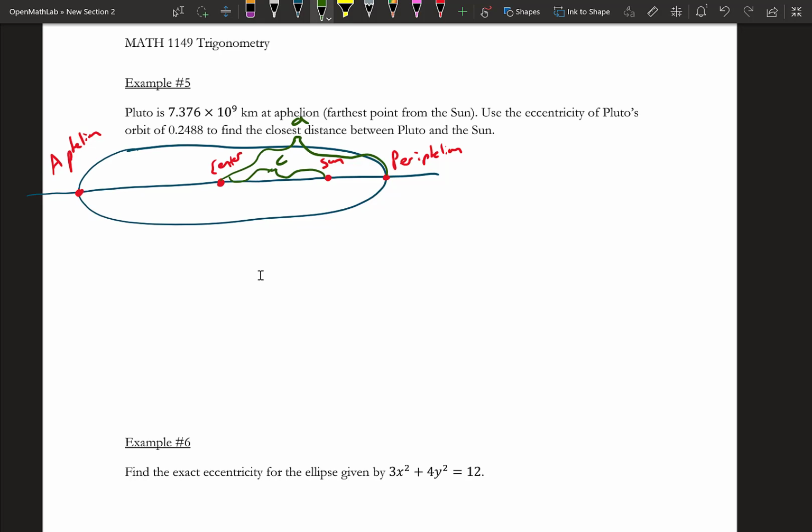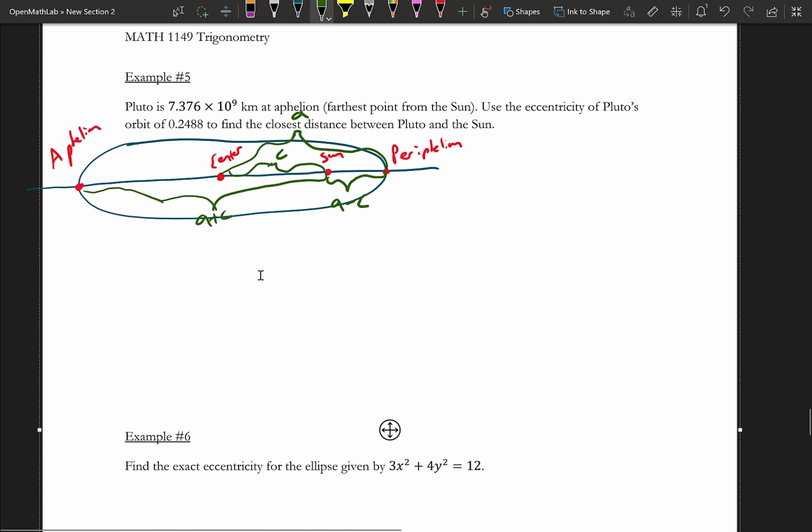So this is just from that table and being comfortable with what those a and c values mean, right? So in other words, the distance between the furthest point away from the sun and the sun would be a distance of a plus c. And then the shortest distance would actually be a minus c.